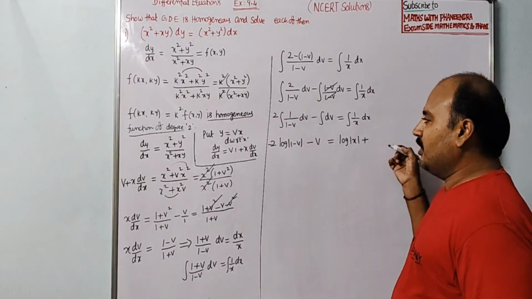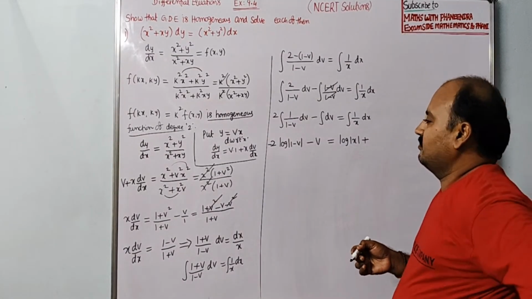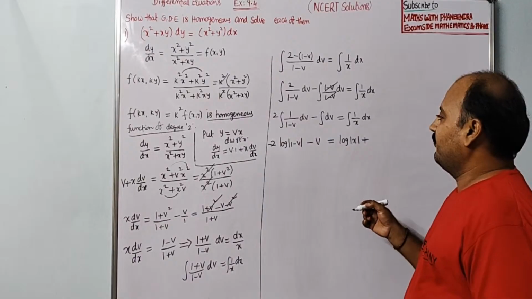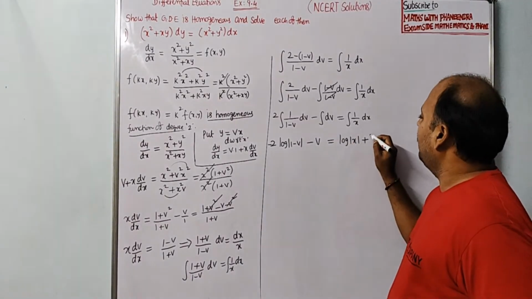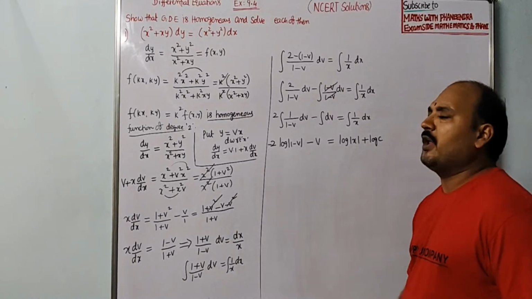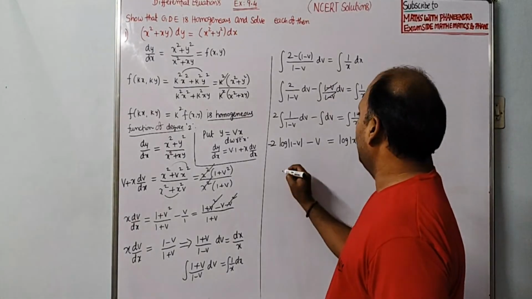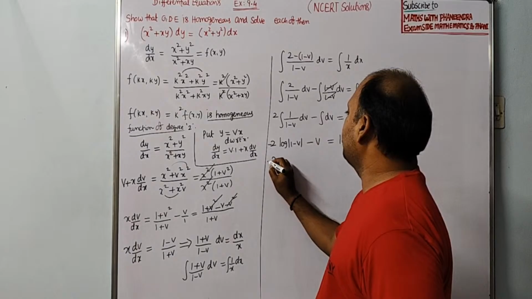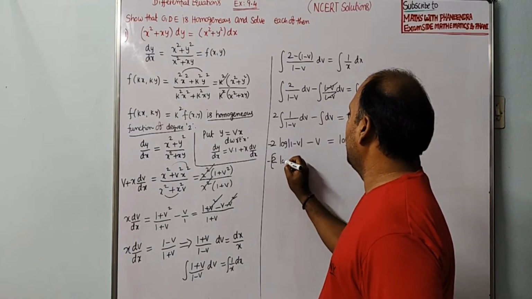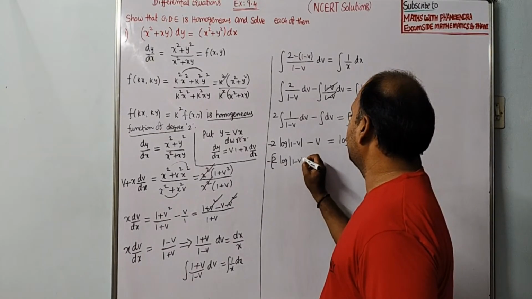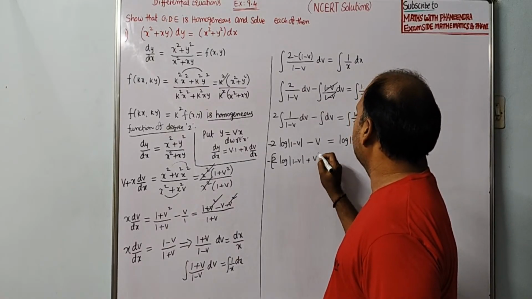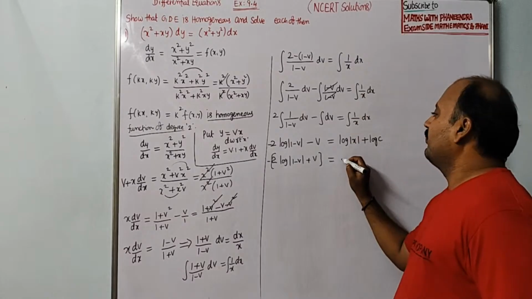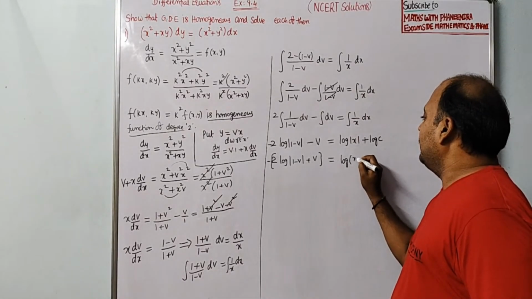Plus log c we can write it; otherwise c we will write here only. Here also we can write log c, here only it is better to write. So here minus I am taking common: 2 log (1 minus v) plus v equal to log xc.